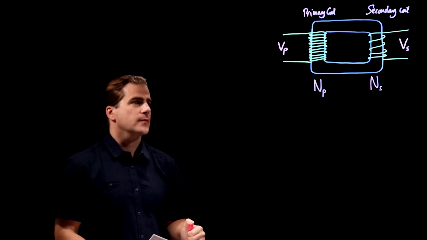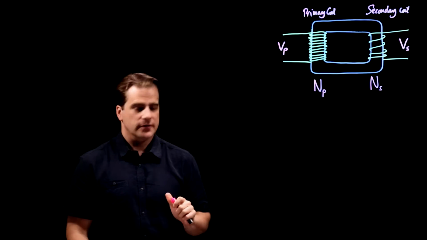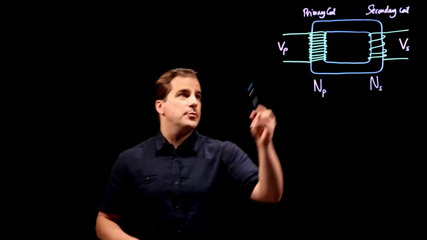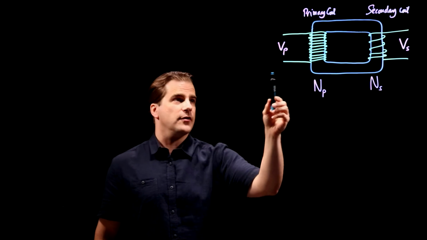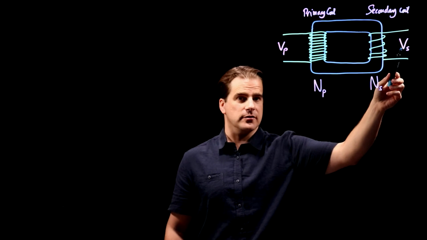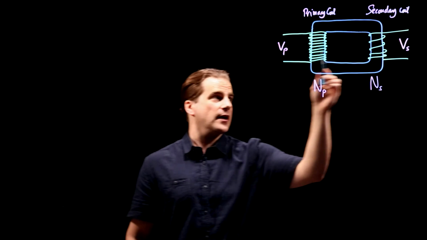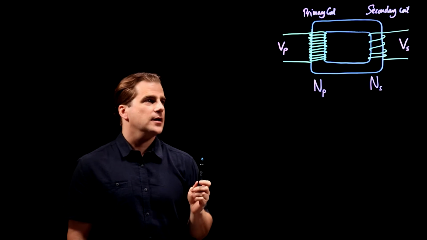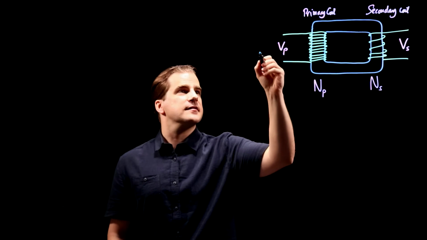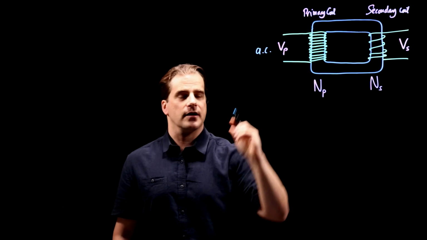Now, how does it actually work? So, what we do, we put in a certain voltage, the primary voltage, and we get out a different voltage. So that's the input, if you like, and that's the output. Firstly, the voltage we put in, it has to be AC, alternating current.